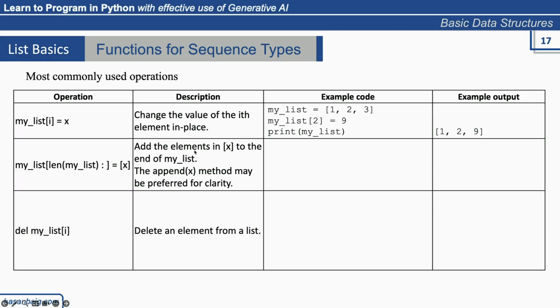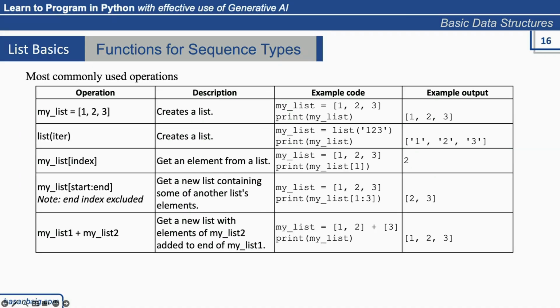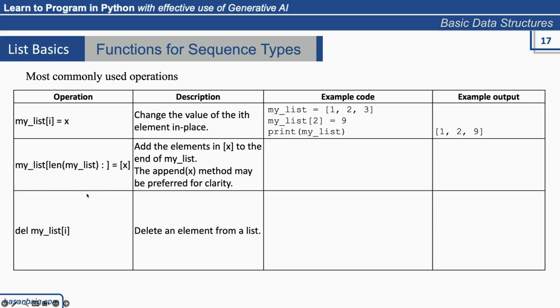Similarly here, this is again a slice notation. We are using the colon as in the example I gave before. Whenever you see a colon in the indexes, you know we are talking about slicing. So here we have a list.